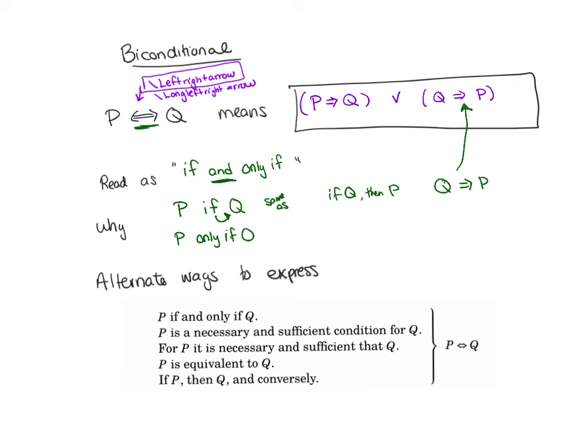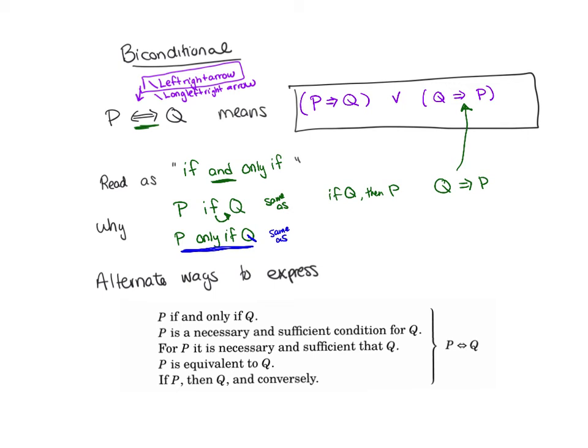So that's this part. The other way, if I look at my P only if Q, remember this only if was one of the other ways that we could say if P then Q, right? The only way that P could be true is if Q is also true.